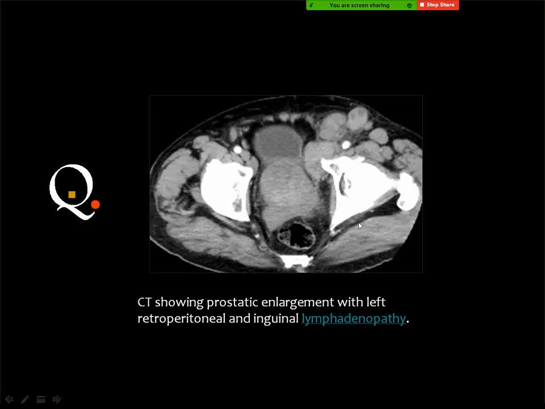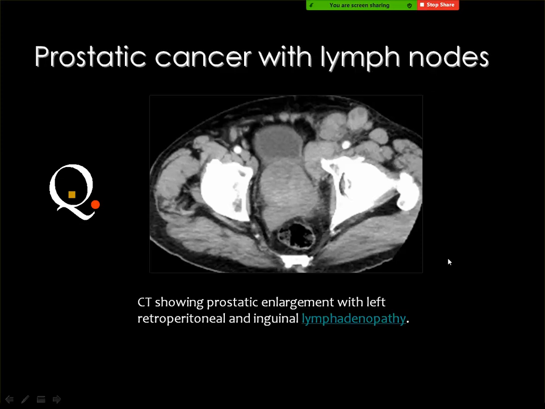Then we come to the possibility of carcinoma and lymphoma. Which is more common? Carcinoma. Of course, then you should diagnose this as prostatic cancer with metastatic lymphadenopathy until proved otherwise, as carcinoma is much more common than lymphoma in the prostate.